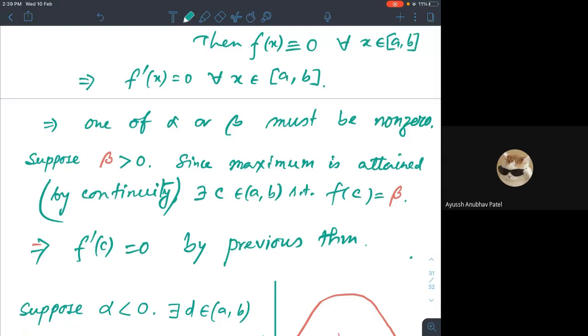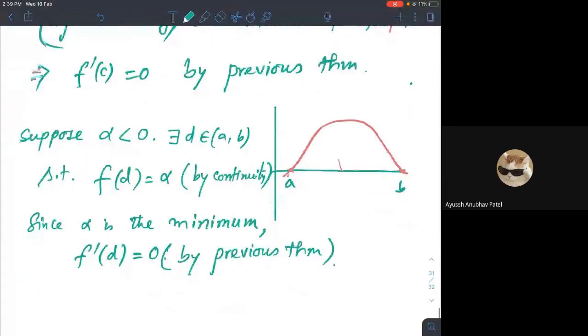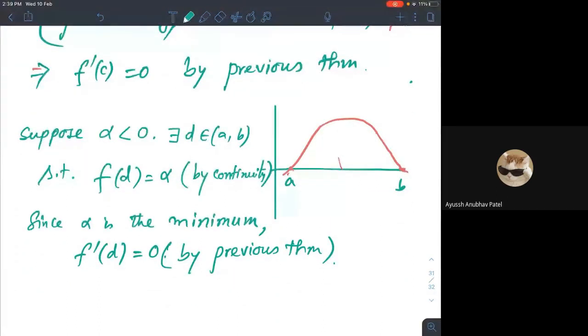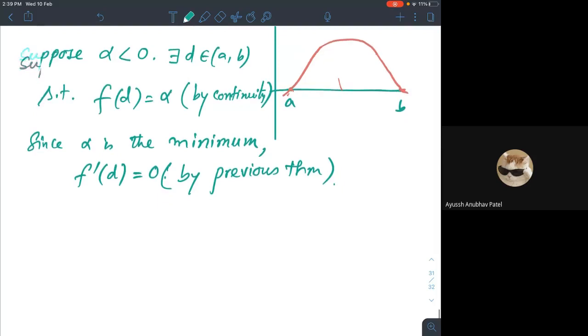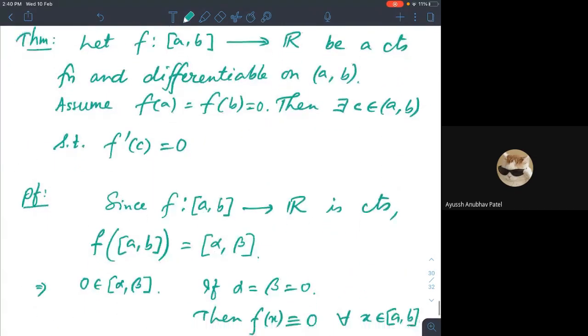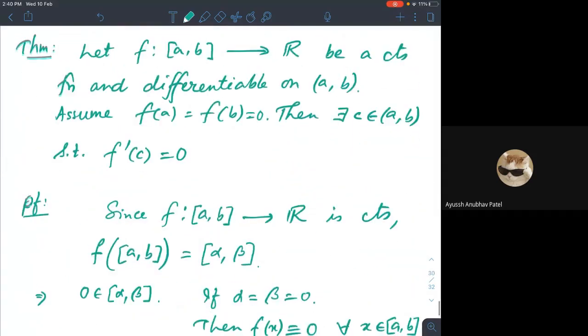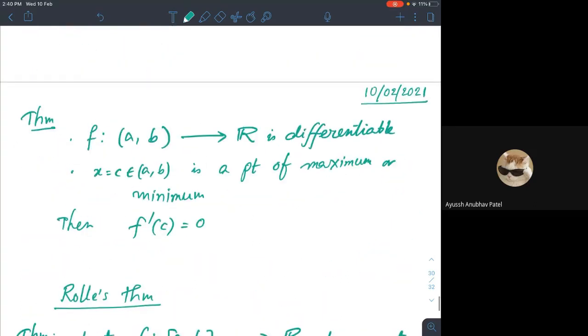So suppose it is greater than 0, then you have a point of maximum where the derivative is 0. And similarly, if alpha is less than 0, then f prime d equals 0. Any question here? This actually proves the theorem. There is nothing else. So that is the other important theorem. What I said, this theorem is the main thing.